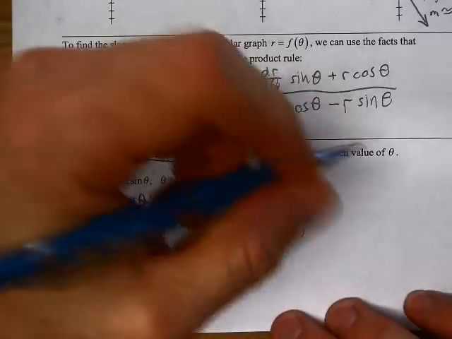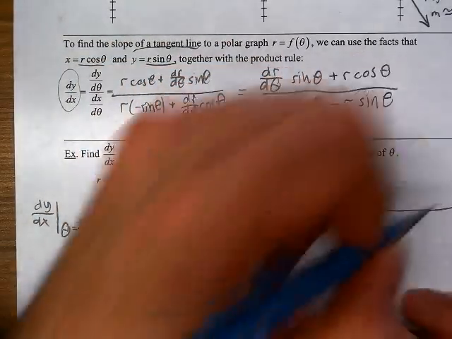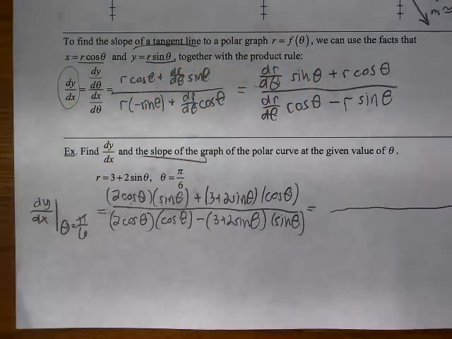All right, so at this point we have to just be real careful with our arithmetic and signs and evaluating our cosine and sine of pi over 6.